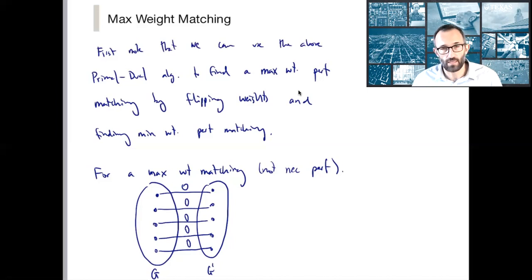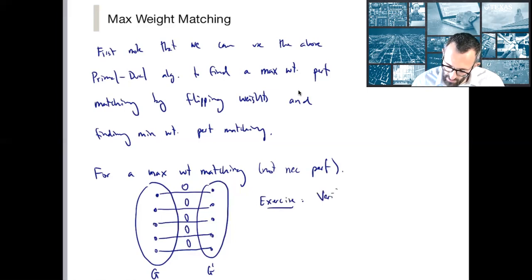Moreover, it's easy to check that a max weight perfect matching in this new graph is going to give us a max weight matching in G and G prime. Because a maximum weight perfect matching is only going to use any of these 0 weight edges if it absolutely has to. So I will just leave this as an exercise, but it's straightforward.